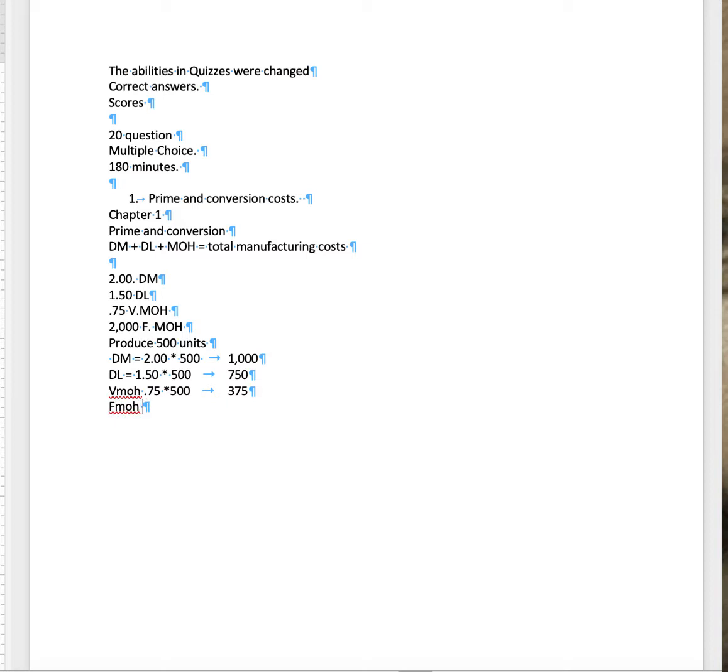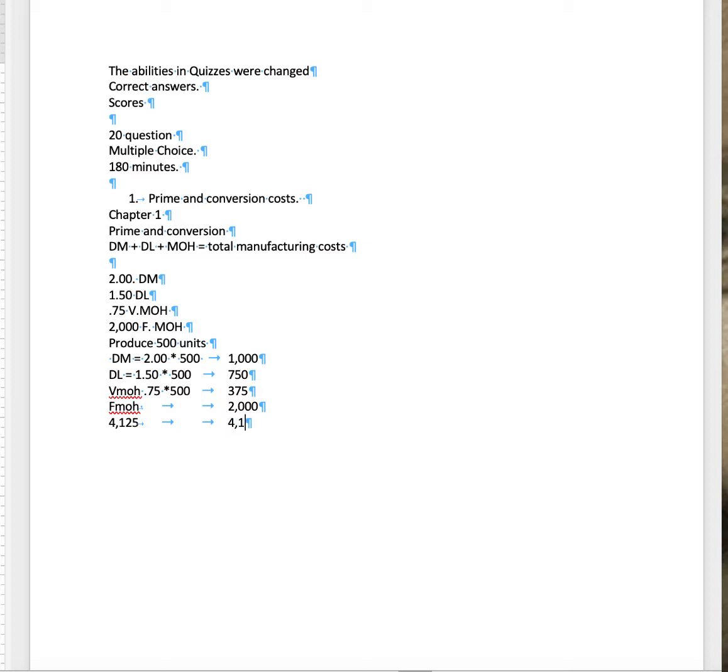It's the same regardless of whether we produce 0 units or 500 units, it's still $2,000. So we add all four of these up to end up with our total manufacturing cost, which should be $4,125.